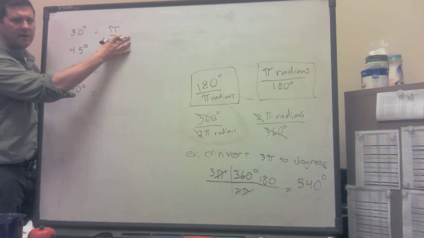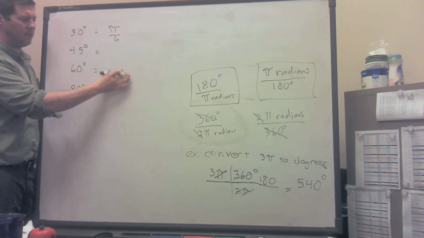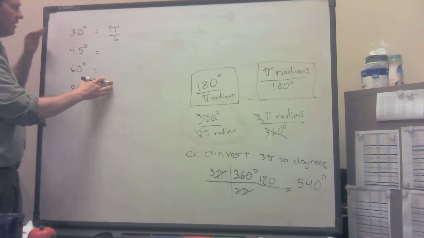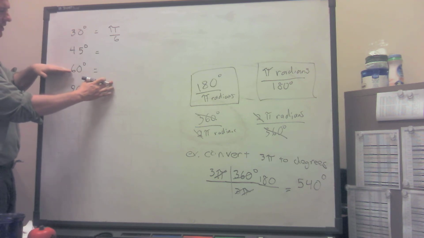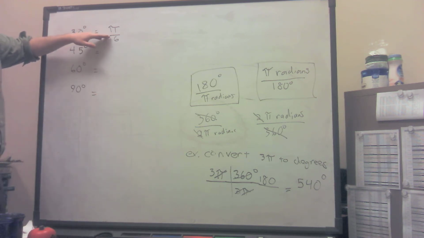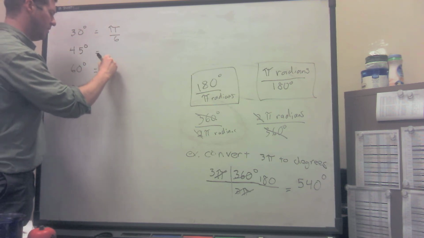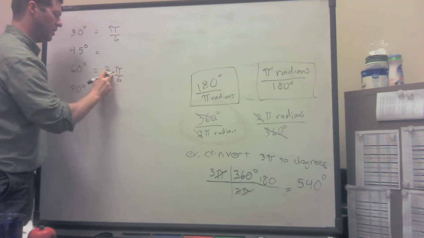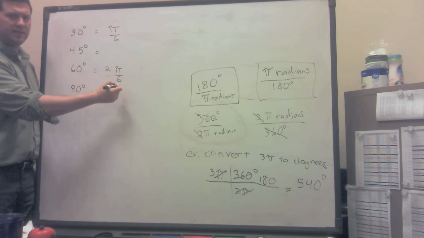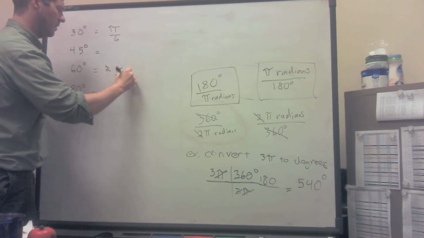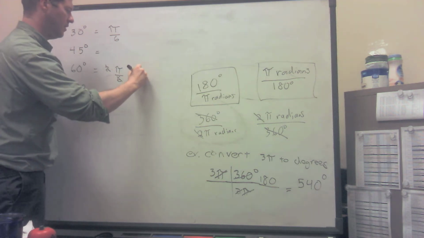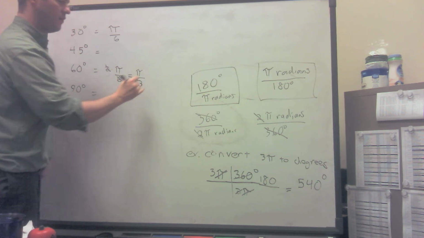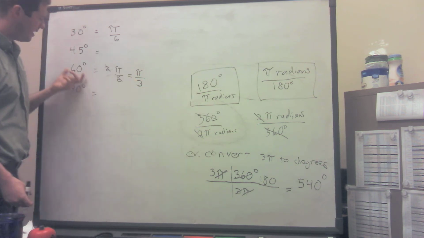If I take pi over 6 and multiply it by 2, that should give me the equivalent of 60 degrees. So 2 times pi over 6, and that simplifies, 2 over 6, I'm left with pi over 3. And if you work that out from our conversion factors, you'll see that 60 degrees really is pi over 3.